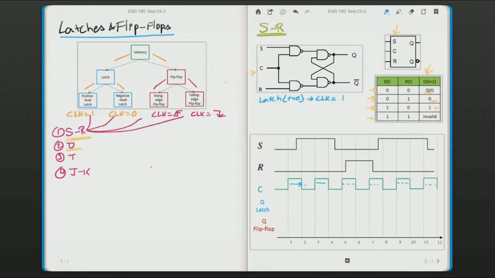So what we need to do here is just look into the output only at this point of time. So initially, let's say my Q output is 0. So at this time, what is my reset here? Reset is 0. My set initially is 0. So 0, 0, what is my output?